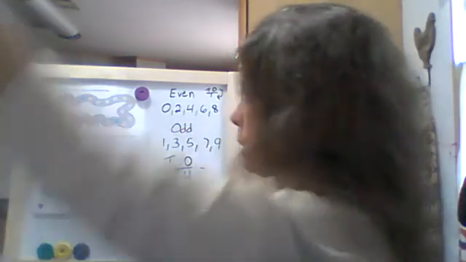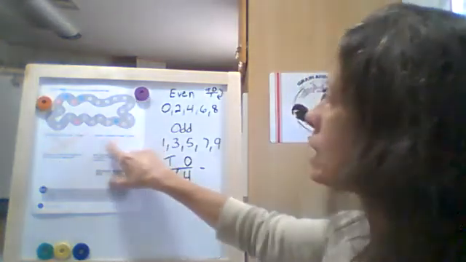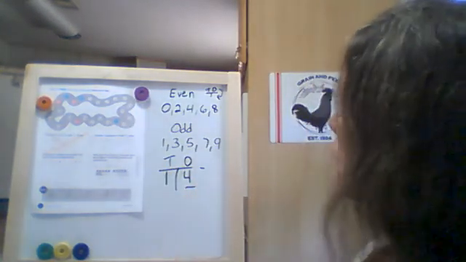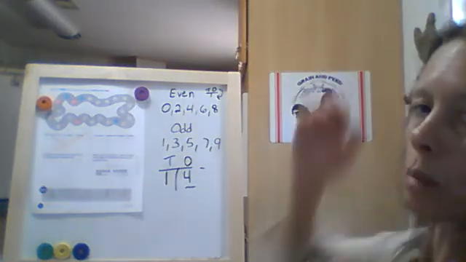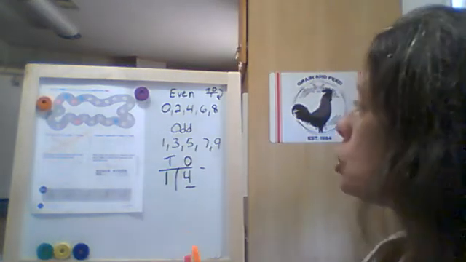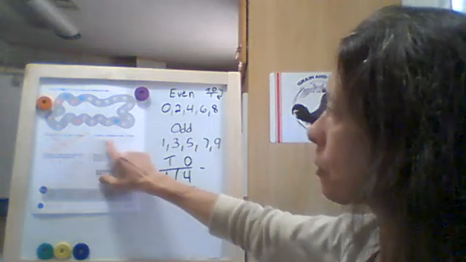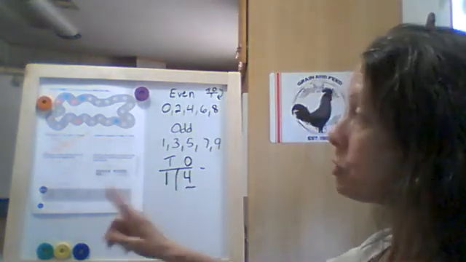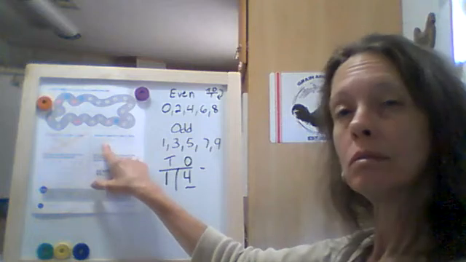So let's look at number 3. It says combine 2 addends to make 10. Remember in our board in the classroom, up here in the corner was our make 10 chart. 2 of these numbers together make 10. Which 2 numbers make 10? Do 7 plus 5 make 10?